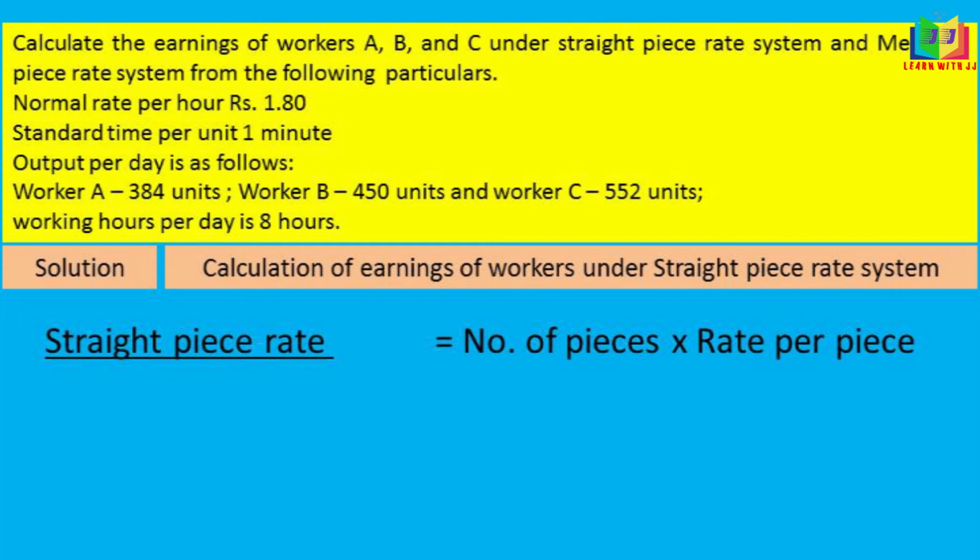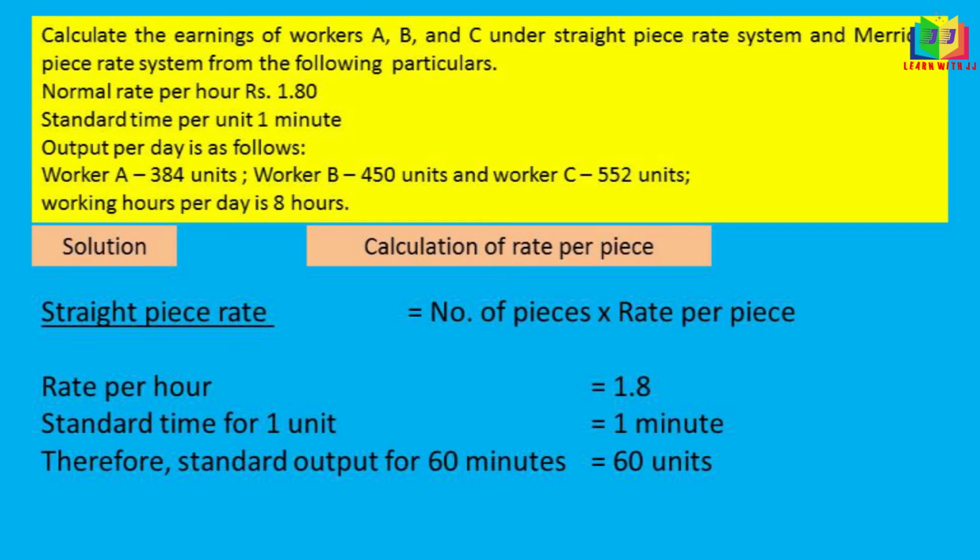Here rate per hour is given, so we have to find the rate per piece using the standard time per unit. Standard time per unit is 1 minute, so 60 units can be produced in 1 hour, that is 60 minutes.